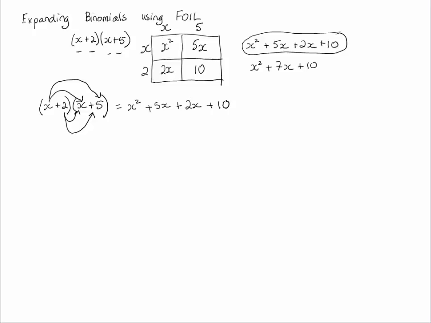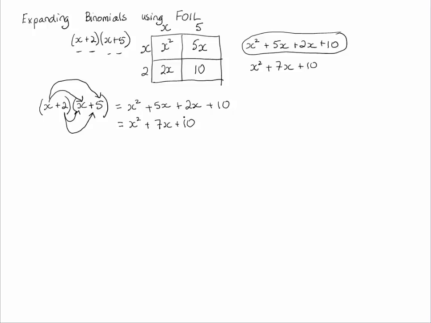And we have the same expression now that we had when we expanded using the area method. And then we can collect our like terms as we did before, and so we'll have x squared plus 7x plus 10.